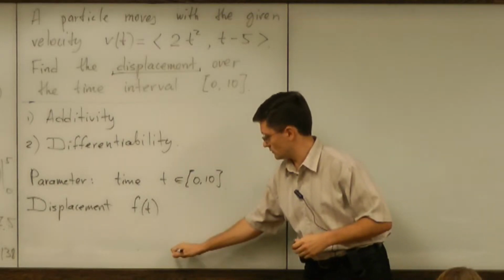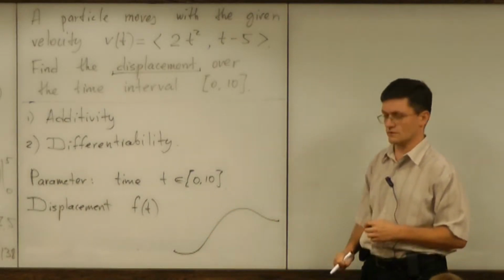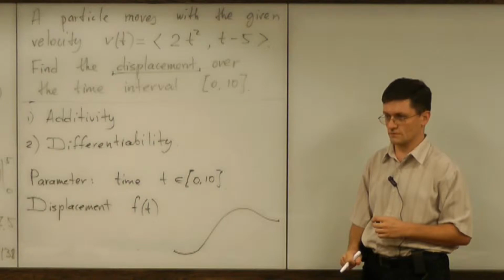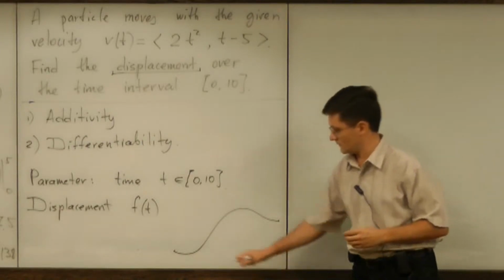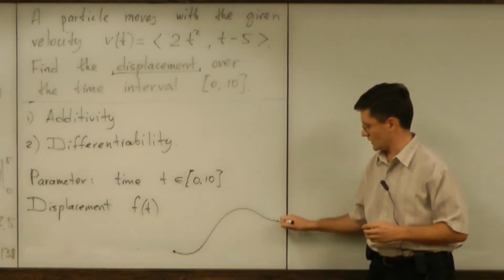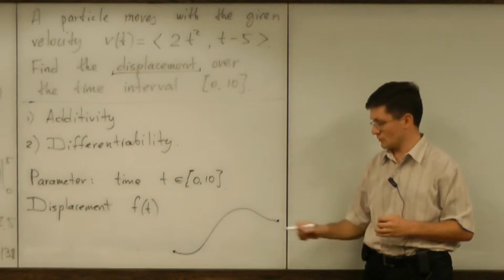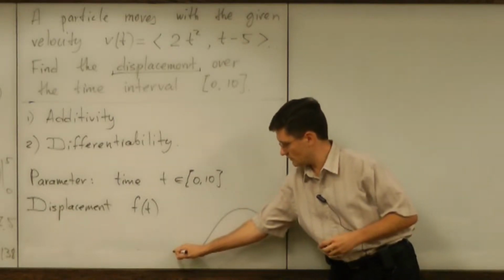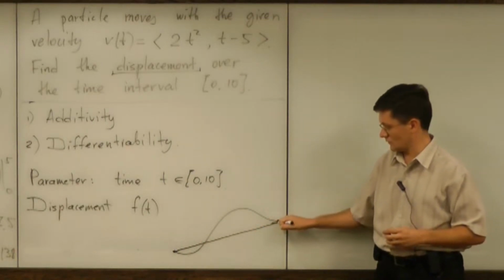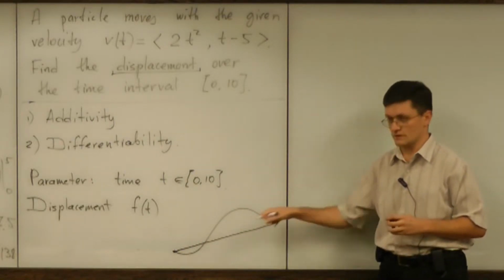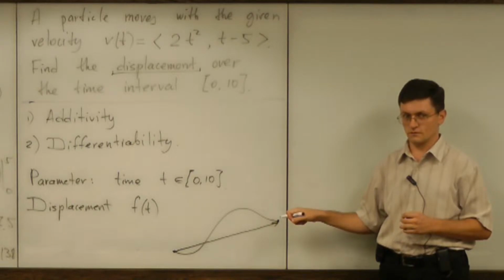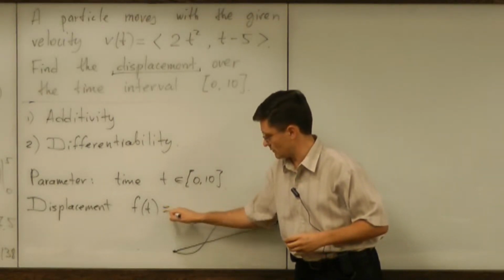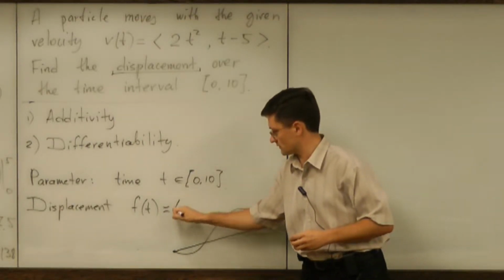If I go like this, what is the displacement? It is from the starting point to the end point, and it's not about the distance only. It is about direction as well. So displacement is a vector. Right? So we have to understand from the very beginning, f of t is going to be a vector.